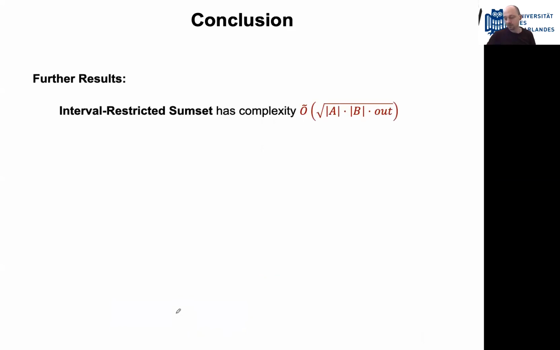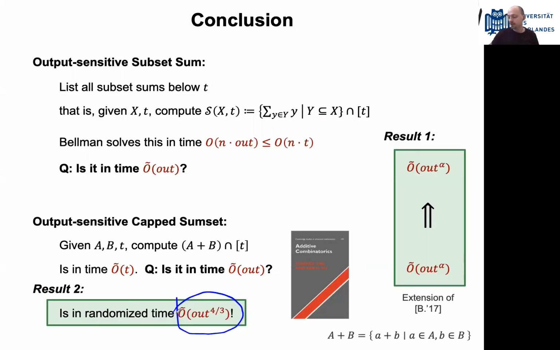And then we also get an output size to the 4/3 algorithm for subset sum via this reduction that I mentioned before.